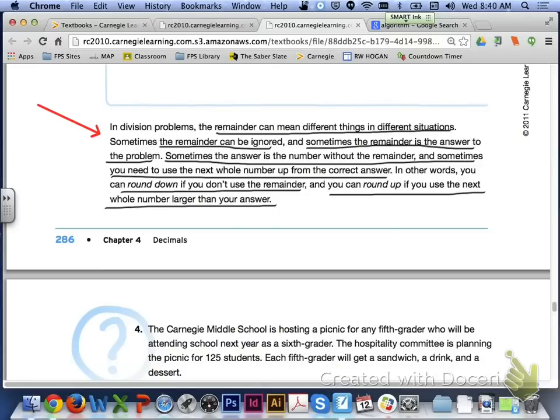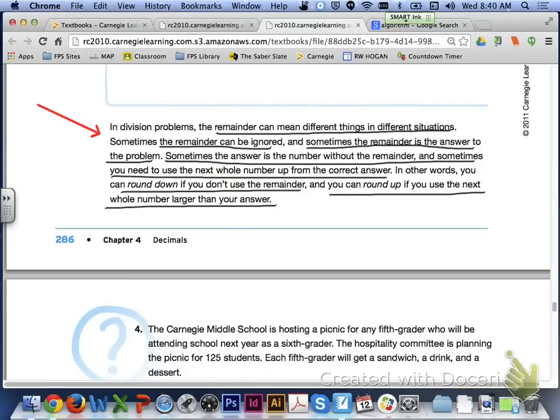Take a look at the bottom of page 286, very important in terms of division problems regarding remainders. It says, in division problems, the remainder can mean different things in different situations. Sometimes the remainder can be ignored, and sometimes the remainder is the answer to the problem. Sometimes the answer is the number without the remainder, and sometimes you need to use the next whole number up from the correct answer.